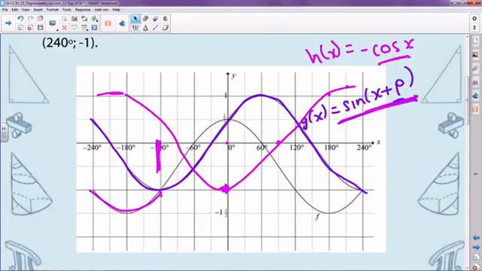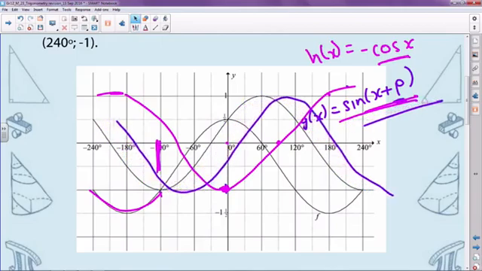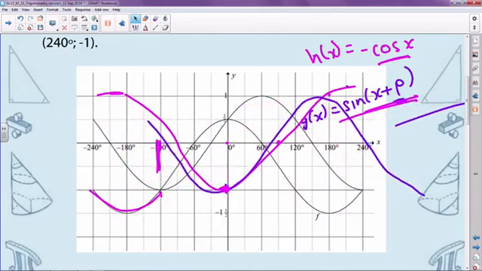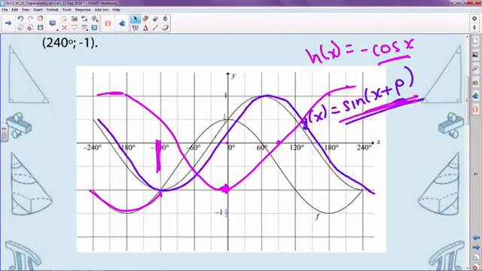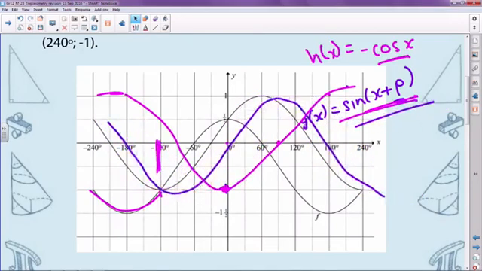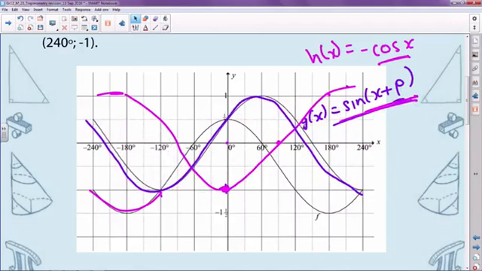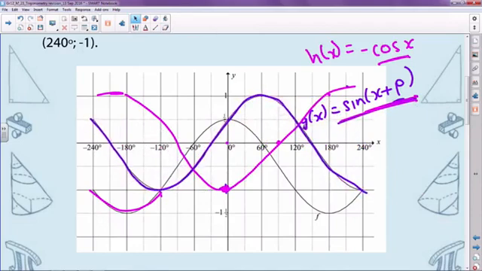It needs to move to that position there. And that movement, what is that movement? It's 120 degrees. Okay, let me undo that so you can see what's at that point. That's at negative 120 degrees.